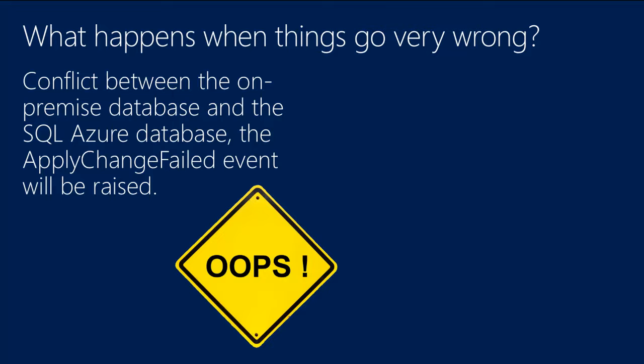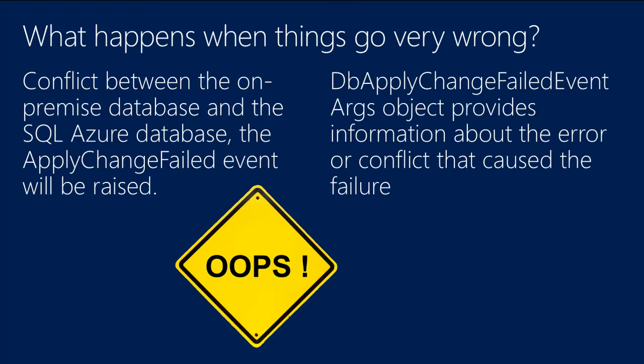That event will get raised, and the details about the conflict will be in the args object for that event. So you'll be able to catch that event and then work based on it. That's one thing that the portal version of DataSync does not have that this code-based version does have.